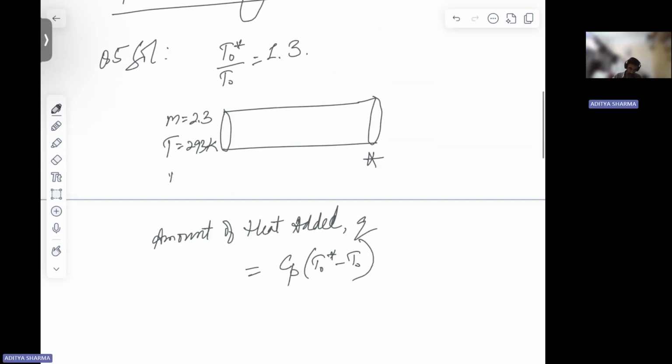Now T naught here is not given, so we need to find T naught.